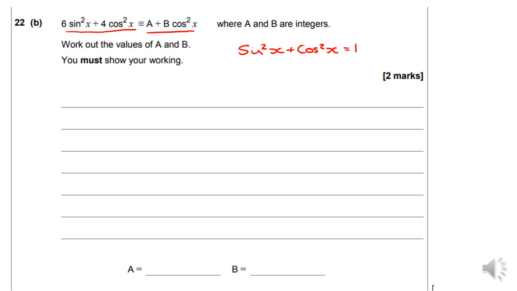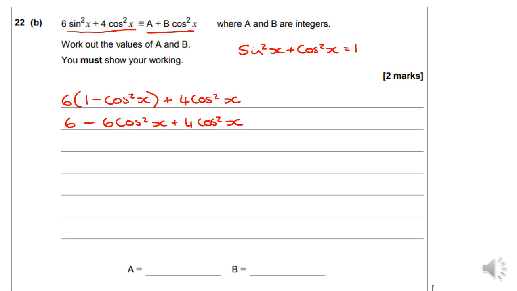So if you think of rearranging this, you've actually got 6 lots of 1 take away cos squared x plus 4 cos squared x. If we multiply that out, we have 6 minus 6 cos squared x plus 4 cos squared x.